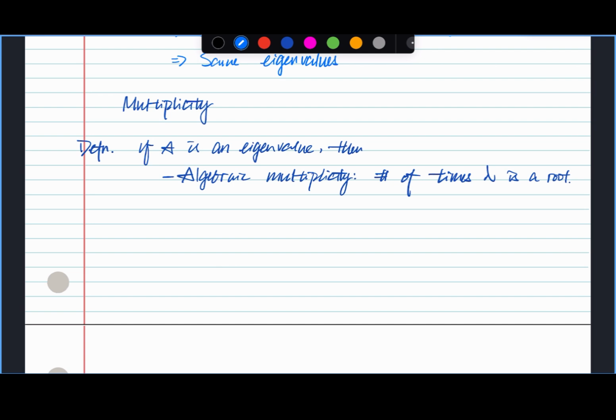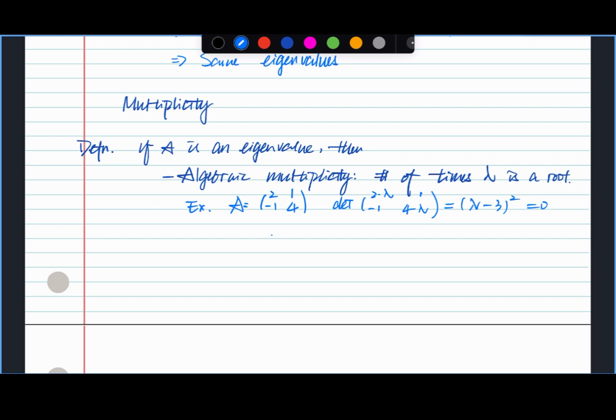So, example: if A equals [2, 1; -1, 4], and we calculate the determinant of A minus lambda I, which is the matrix with 2 minus lambda, 4 minus lambda, 1 and negative 1, it equals lambda minus 3 squared equals 0.